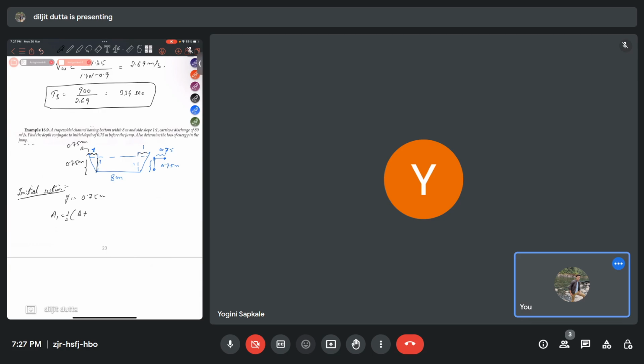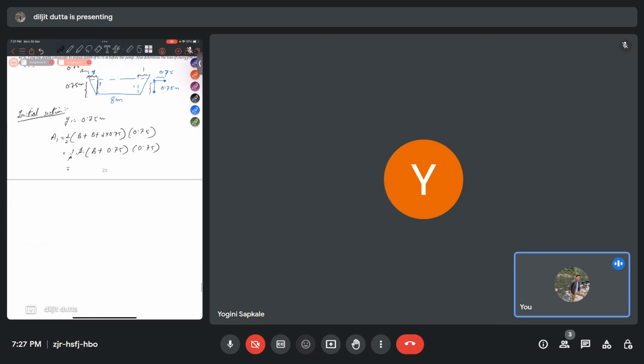So it will be half into the sum of parallel sides, b plus b plus 2 into 0.75, into the depth of 0.75. So half of 2 into b plus 0.75 into 0.75. Half and 2 will get cancelled. So A1 will be 6.56 meter square.